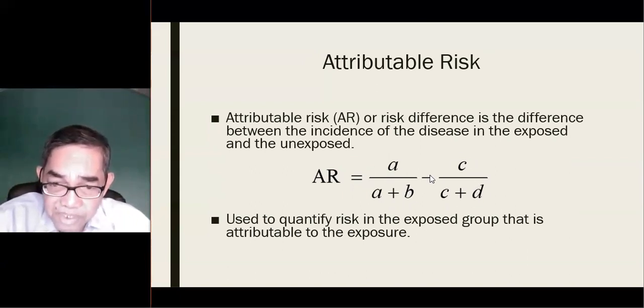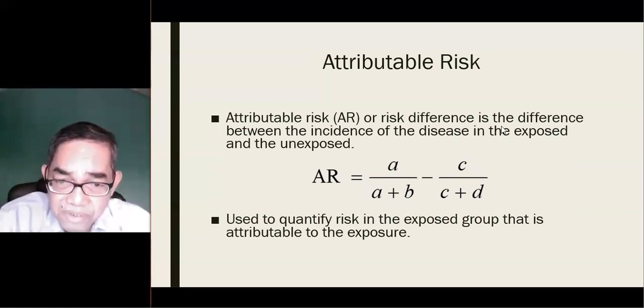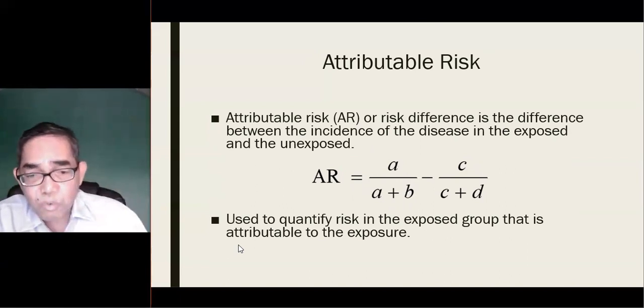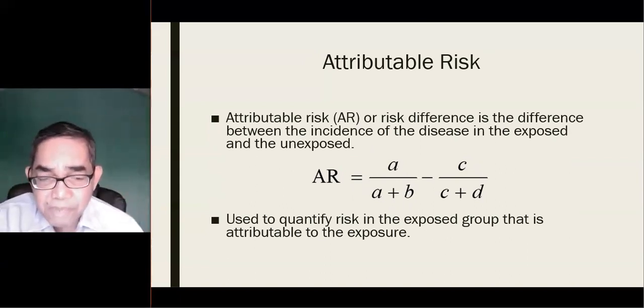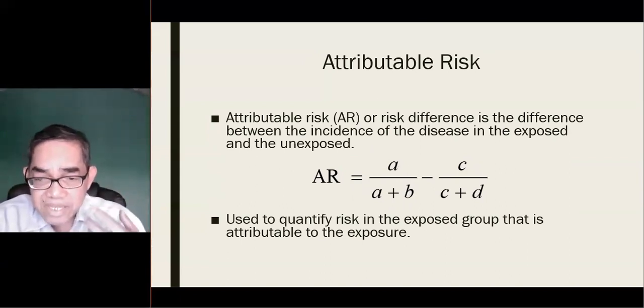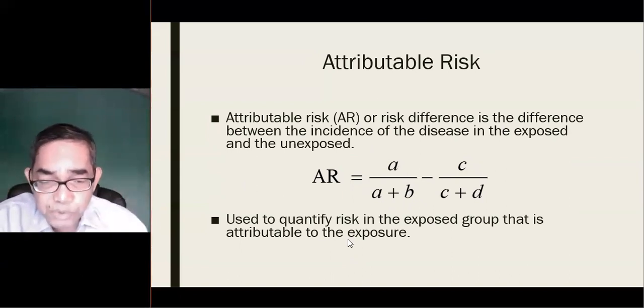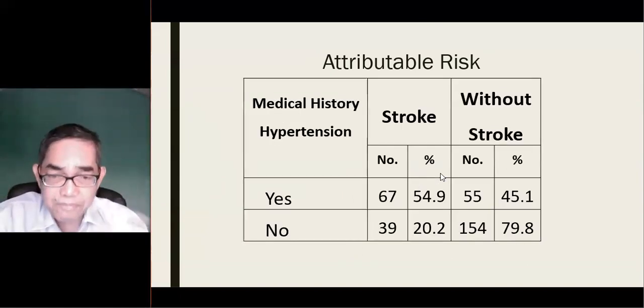So note that you are just getting the difference, and we call it the attributable risk or the risk difference. And the attributable risk is used to quantify the risk in the exposed attributable to the exposure. Let's give an example.